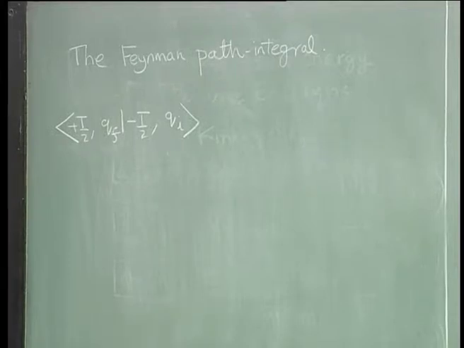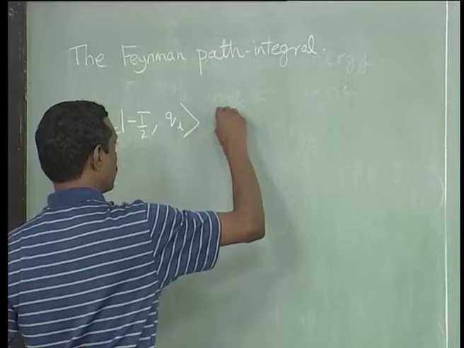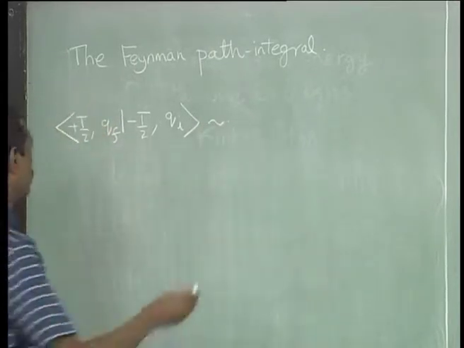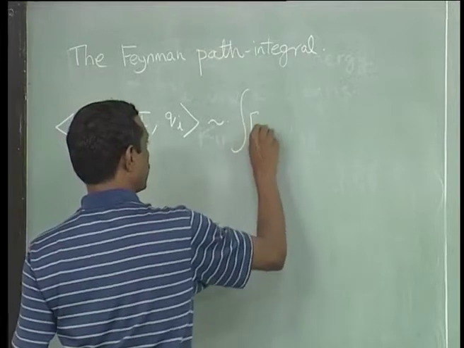So you start out with this sort of a thing, and this just is given by the path integral, and that is just the sum over all paths, which you write something like this.